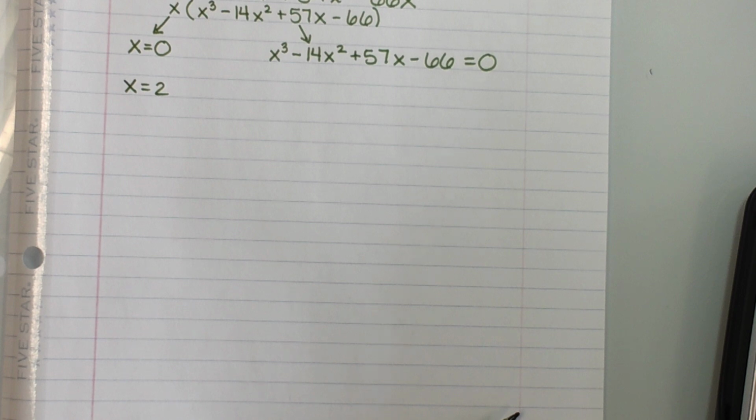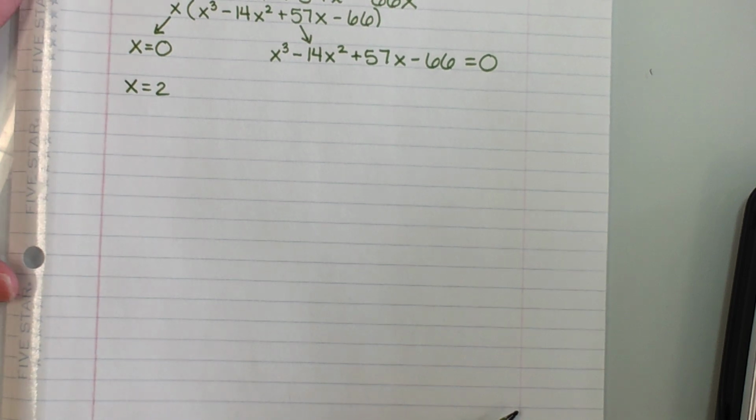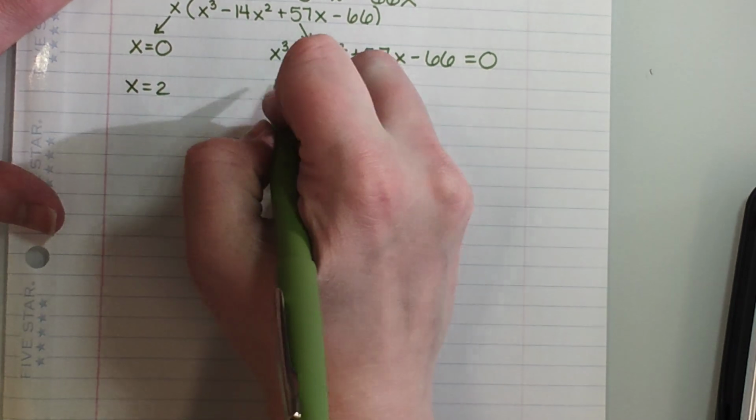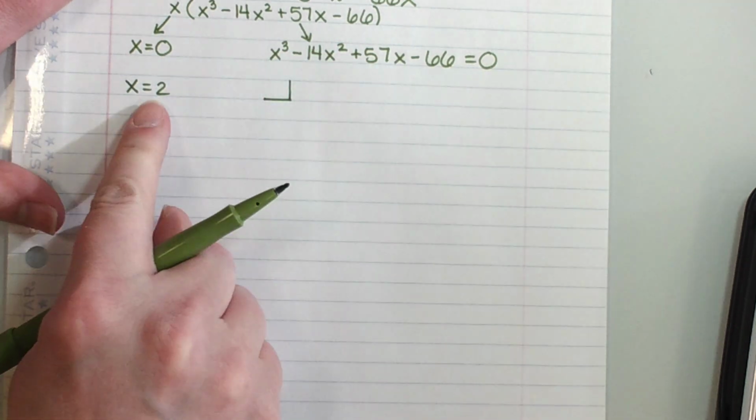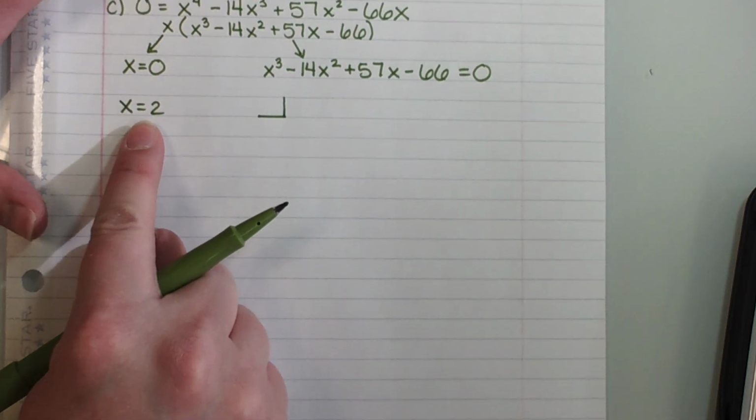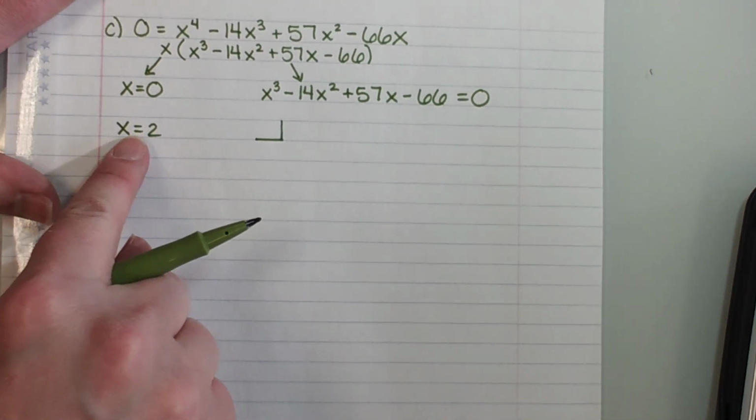What am I doing with that root? Did you say synthetic or subtractive? Synthetic. Yeah, we're going to do some synthetic division. Now, in all technicality, I don't actually need the factored form for this one.